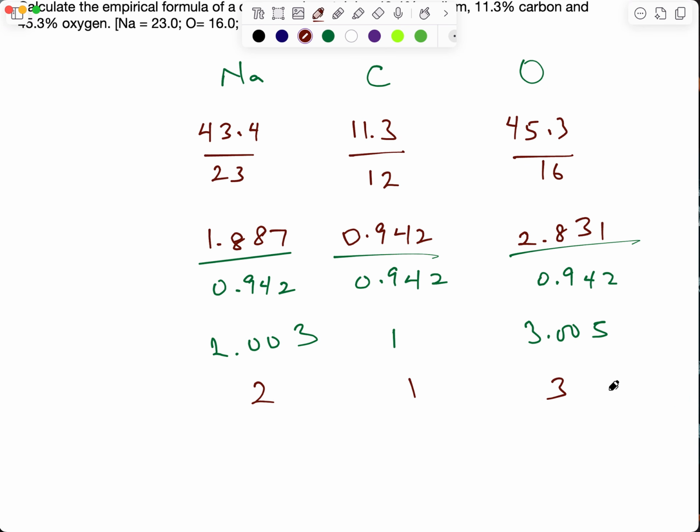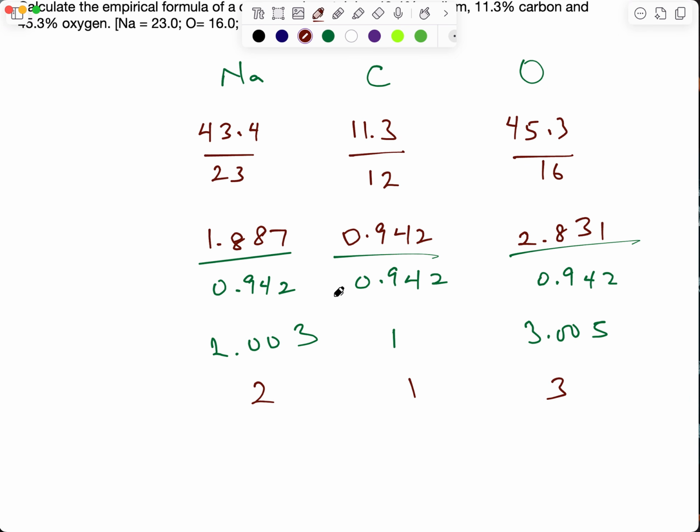However, it's not every time that we approximate. When you have 2.0 something, yes, you are free to approximate. Or if you have, let's say, 2.1, you can maybe approximate. Or 1.9, you can easily approximate to 2. But if you have like 2.2, 2.3, you need to be careful. You don't just approximate in that situation.